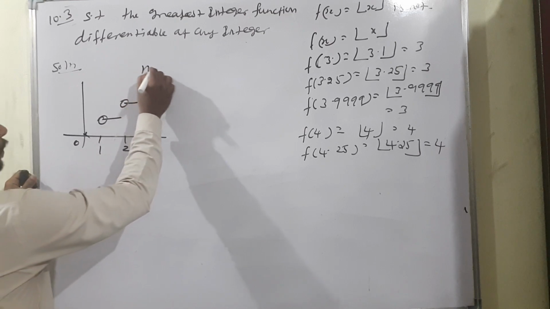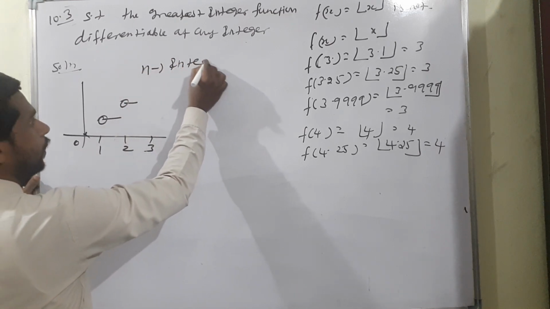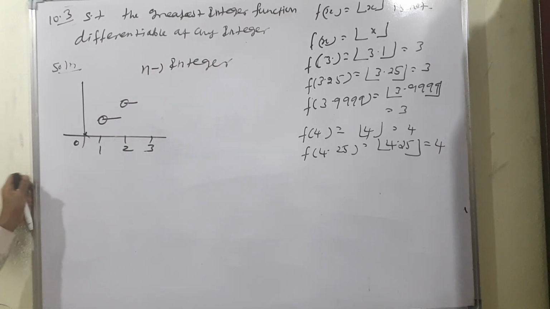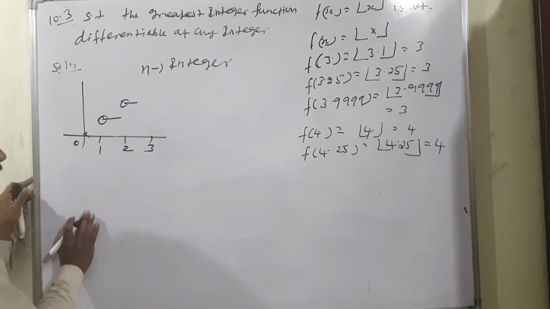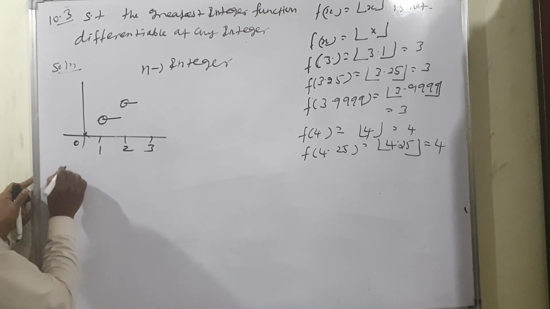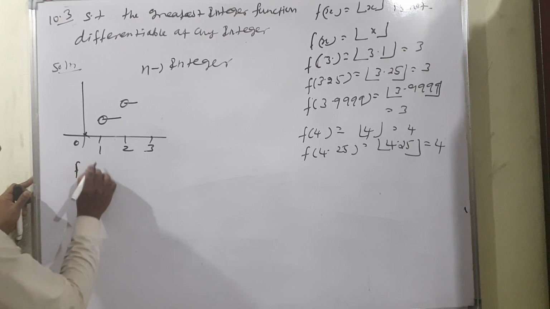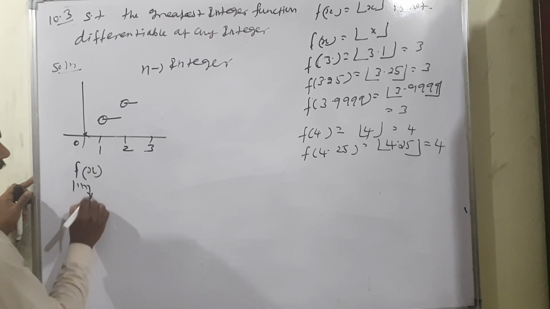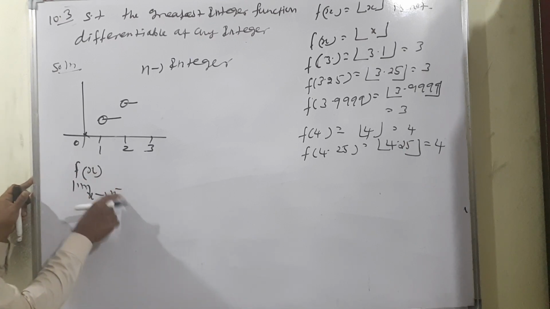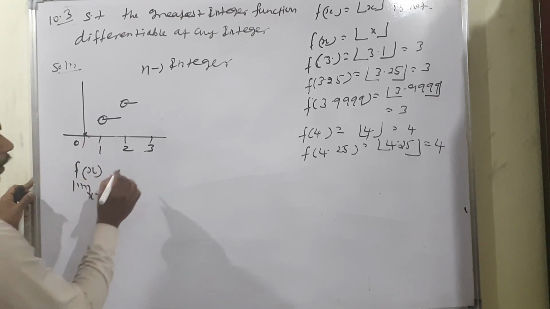So first consider n to be an integer. I will explain with the left hand limit and the right hand limit. Listen, f of x, limit x tends to n minus. N minus means left hand limit. So what will happen?